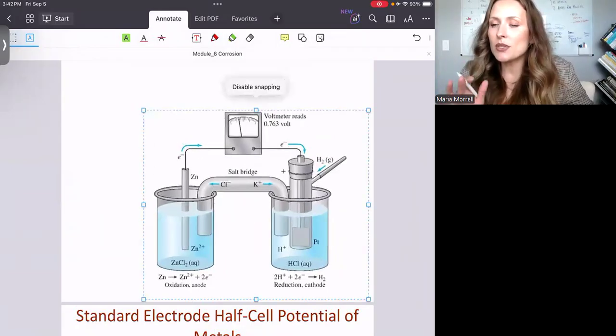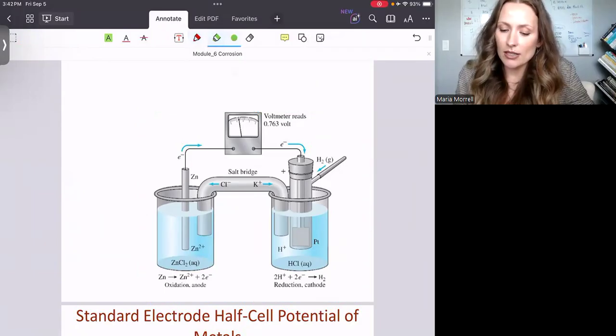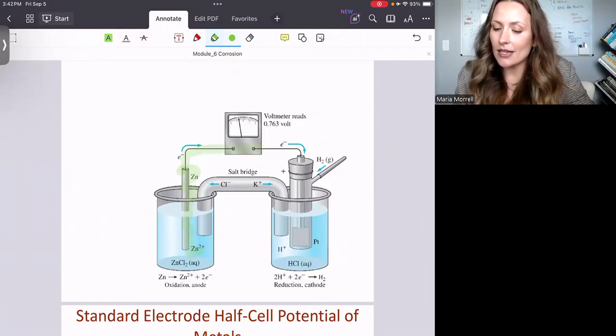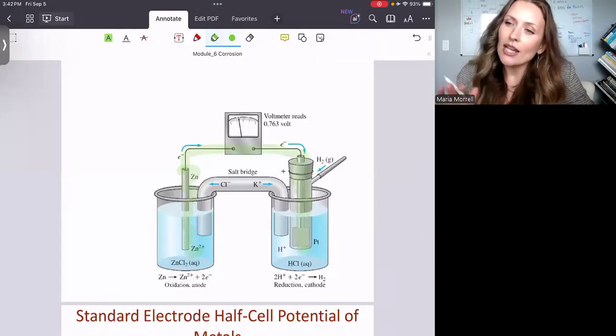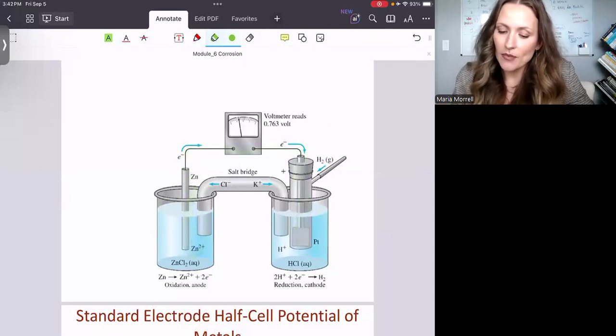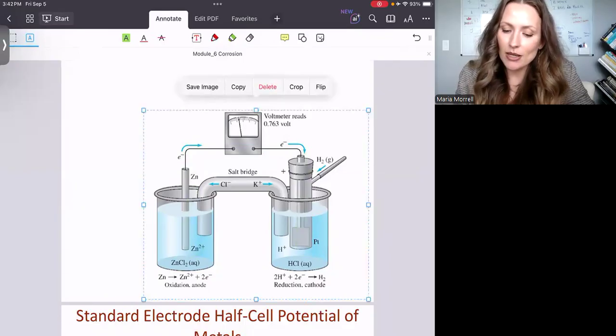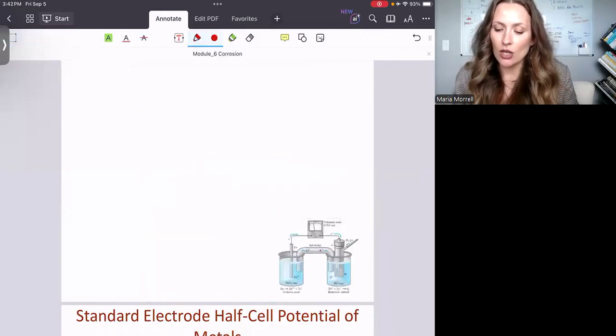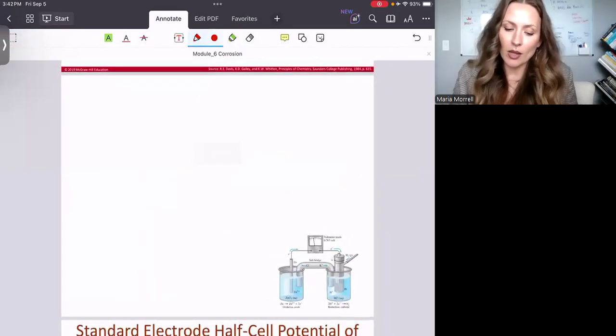So in this particular example, we will still consider zinc, and you will notice that I basically have my zinc, and then my zinc is connected to my hydrogen electrode. But it's not actually a hydrogen electrode, it's actually a platinum electrode, okay? So let me draw it step by step, and I do encourage you to draw the same thing with me.